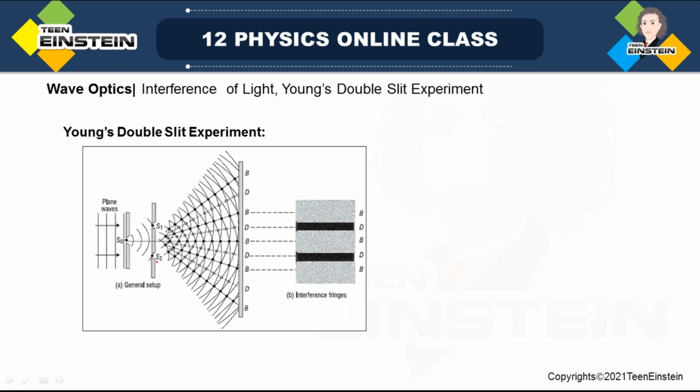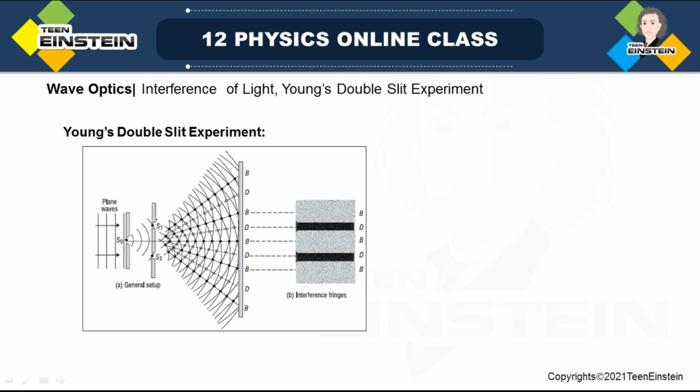these two coherent sources S1 and S2, each point on S1 and S2 also will act as secondary sources, if I just take a diagram like this, one is S1 and this one is S2. Those openings will produce wavelets, as you have learned according to Huygens principle.